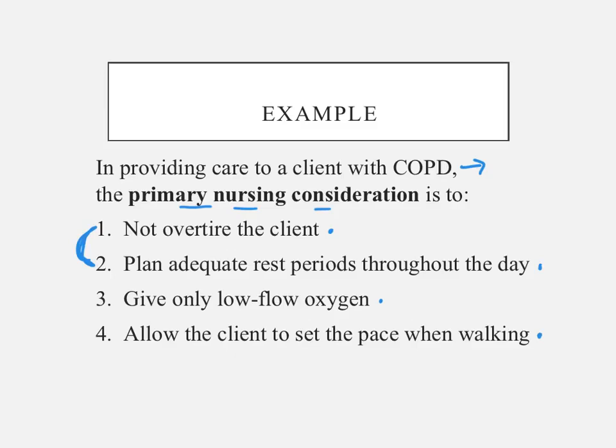And you alternate rest with activity, so this kind of is the same as 2. The only thing that's different and is more important is regulating the low flow oxygen, right? Because we can only give 2 to 4 liters to a COPD patient so we don't overload their respiratory drive.